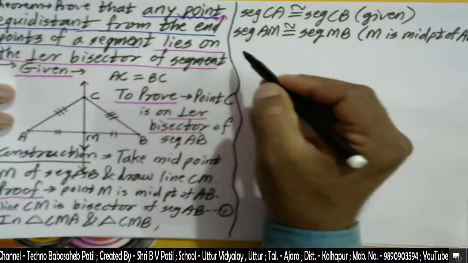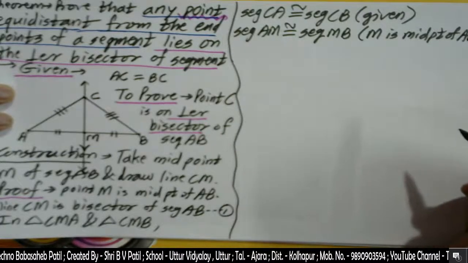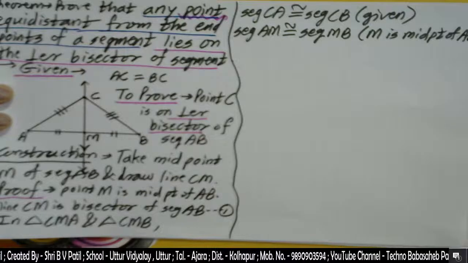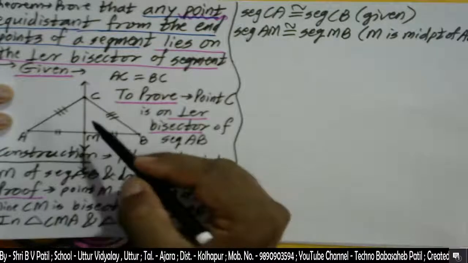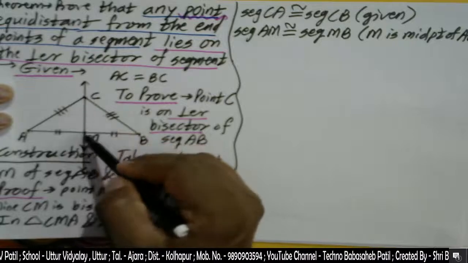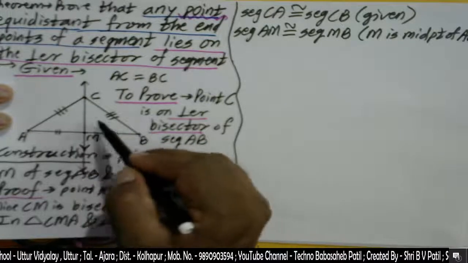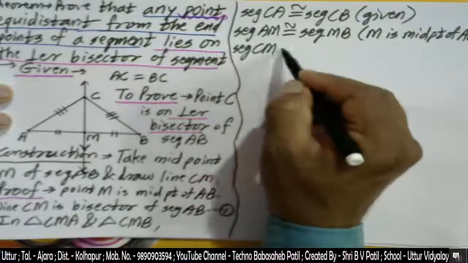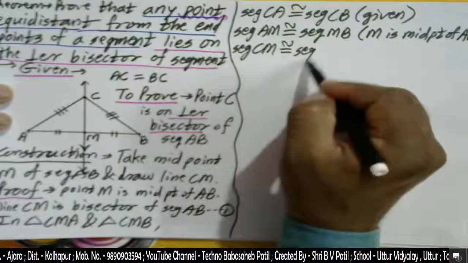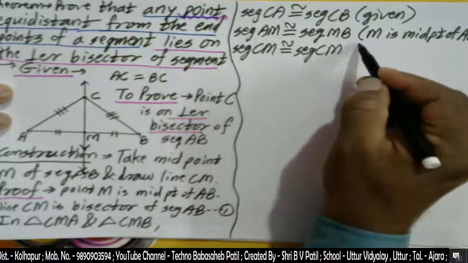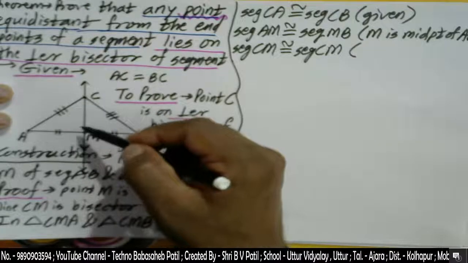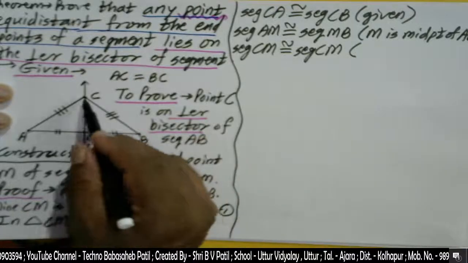Then what is the next condition? CM is present in both triangles, so segment CM is congruent to segment CM, and the reason is common side.